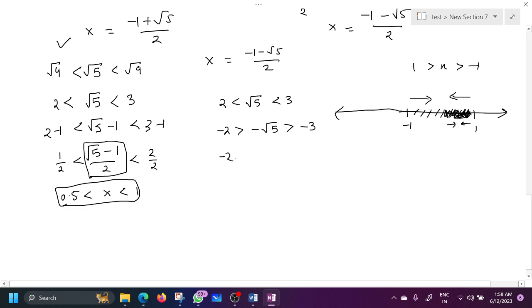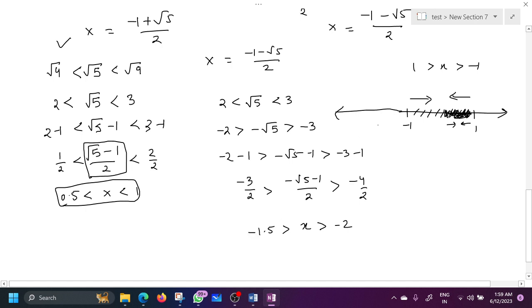And minus 2 minus 1 less than minus root 5 minus 1 greater than minus 3 minus 1, or you have minus 3 by 2 less than minus root 5 minus 1 by 2, and you have minus 4 by 2. So you are getting second range of x, which is between minus 2 and minus 1.5.